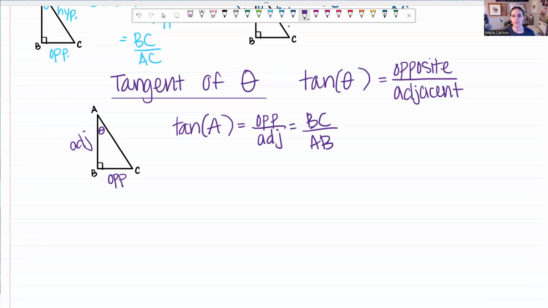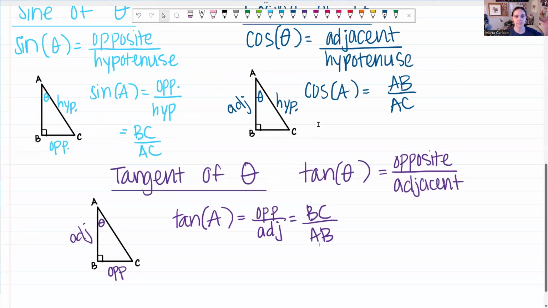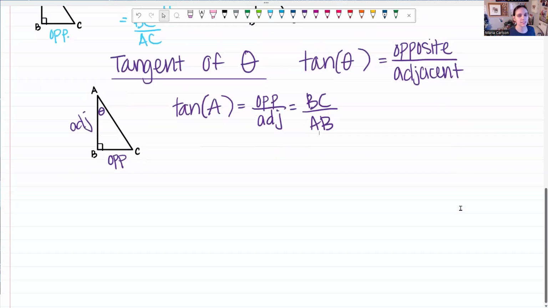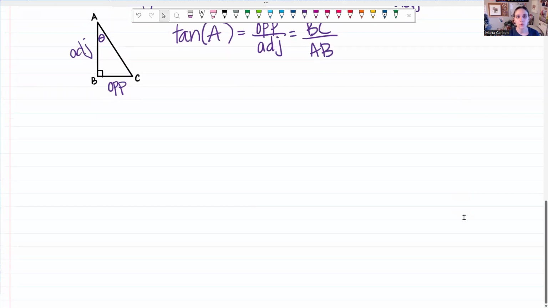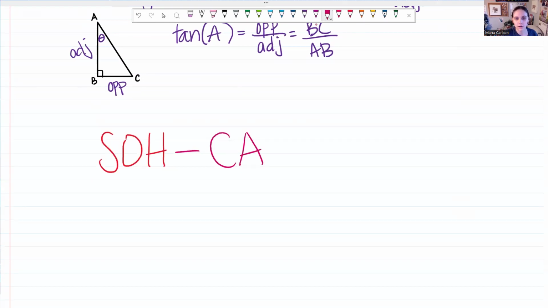So how do you remember all this? How do you remember that sine is opposite over hypotenuse, cosine is adjacent over hypotenuse, tangent is opposite over adjacent? We have an acronym: SOH-CAH-TOA.